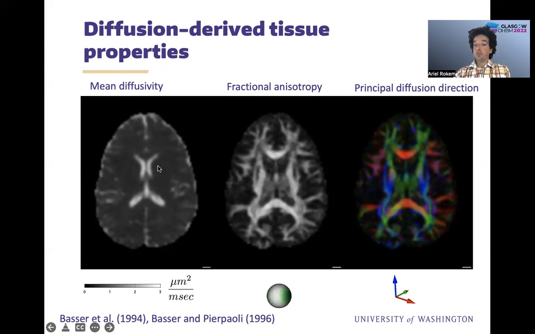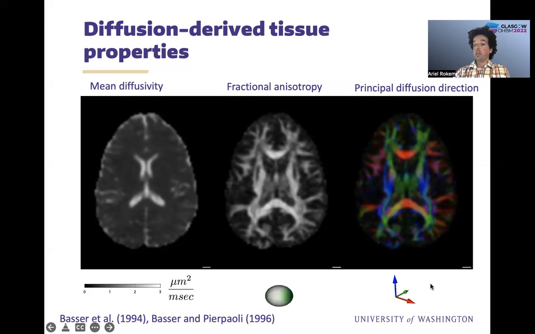In addition to the mean diffusivity and fractional anisotropy, we can estimate the principal diffusion direction, the major direction of diffusion. Here, the major direction or the principal diffusion direction is encoded by color. So if the principal diffusion direction is primarily right to left, that's encoded by red. If it's primarily anterior posterior, that's encoded by green.